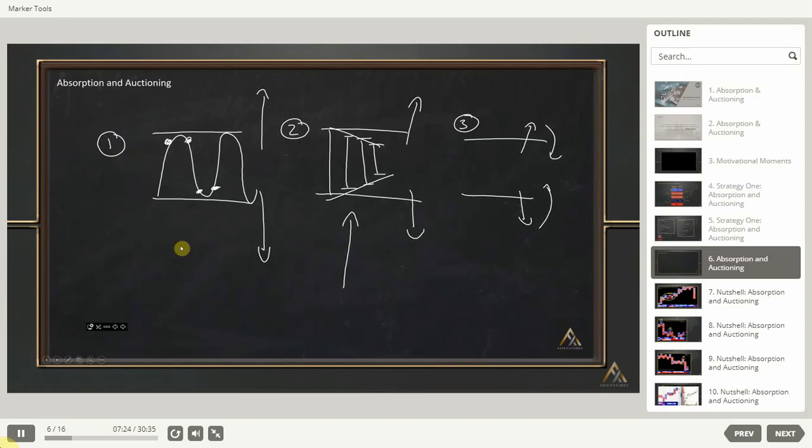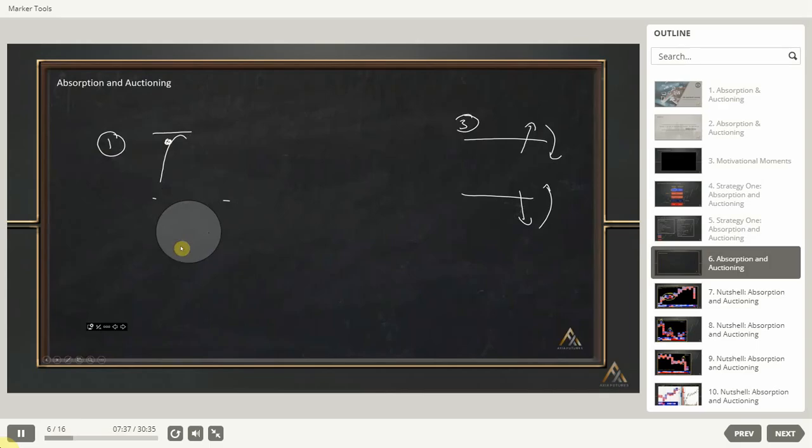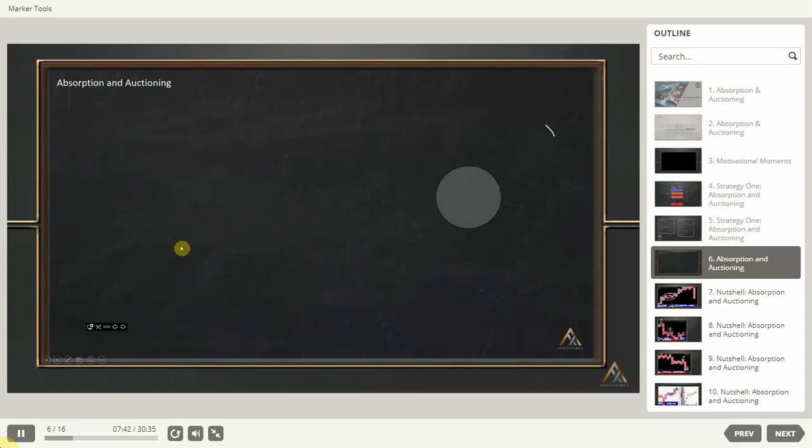Now note, where does this strategy best come into play? Now, this is important. What we're going to talk about when we get to observing a strategy is that, in essence, you can see this in both balanced and imbalanced markets. But what I would say is this trade strategy of absorption and auctioning is going to occur best in imbalanced conditions.